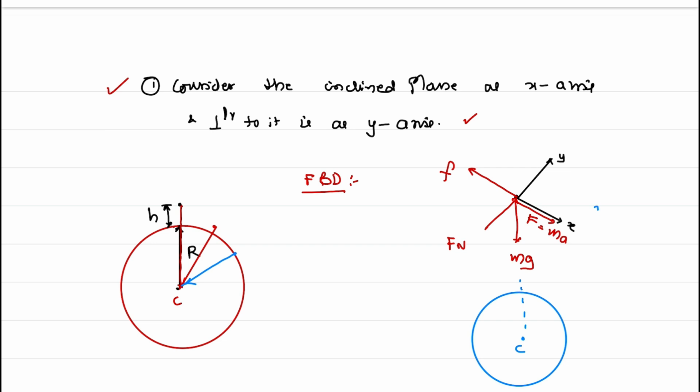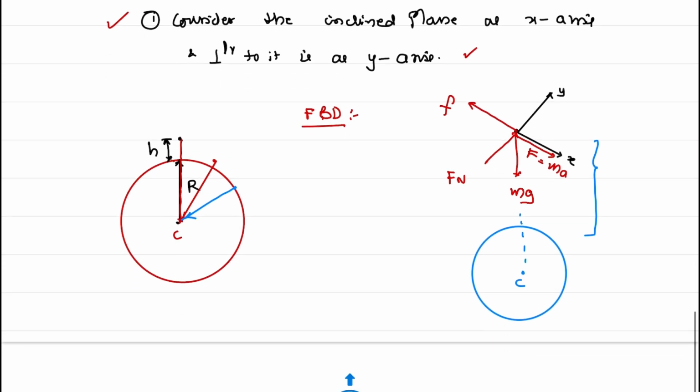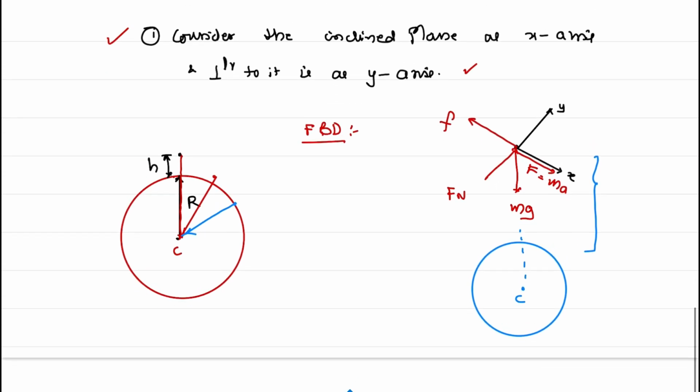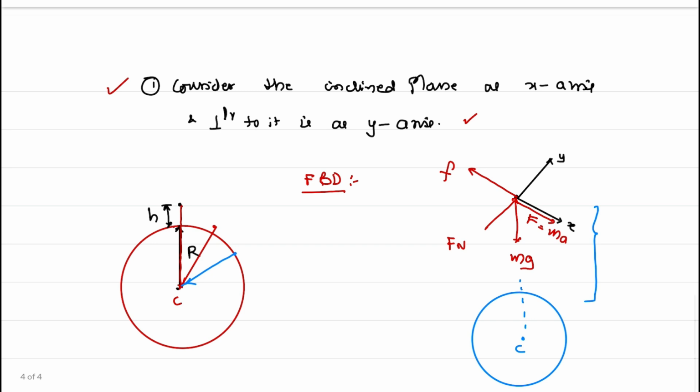This distance is also negligible. It can be treated as if it is on the surface of the earth. Now, mg is there, f is there. Now let us try to resolve the forces.